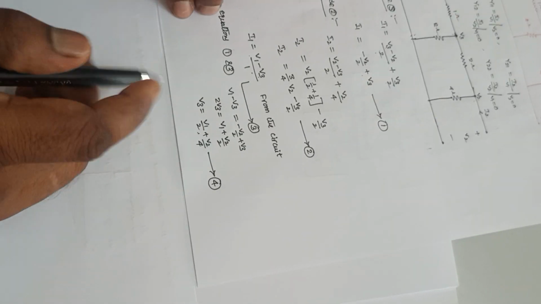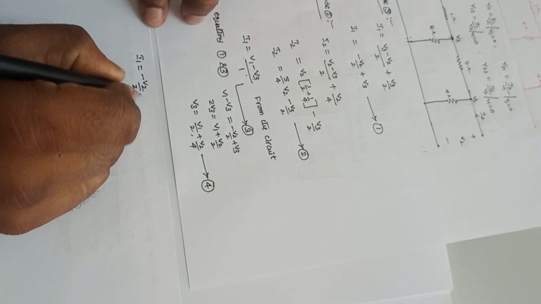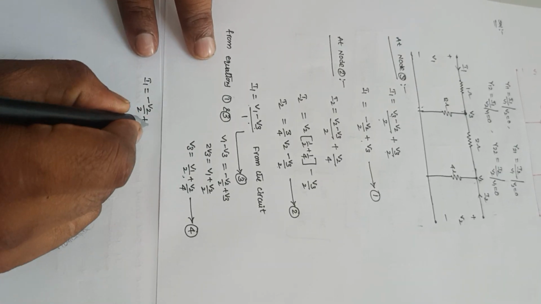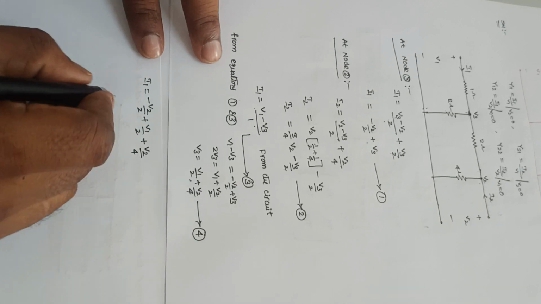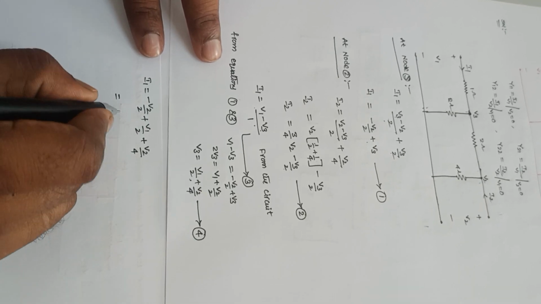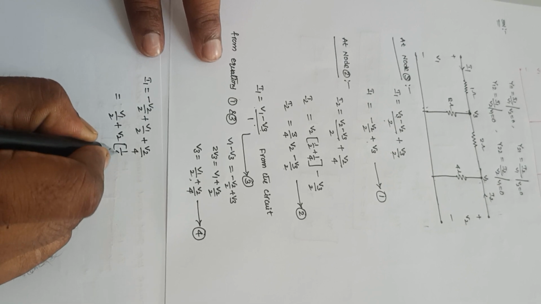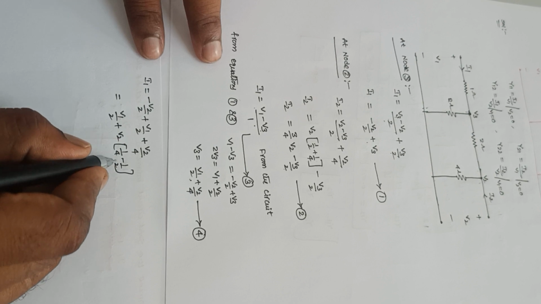So I1 is equal to minus V2 by 2 plus V3. The V3 value here is V1 by 2 plus V2 by 4. So now if I take V1 by 2 plus V2 as common, it is 1 by 4 minus 1 by 2, so it is minus 1 by 4.